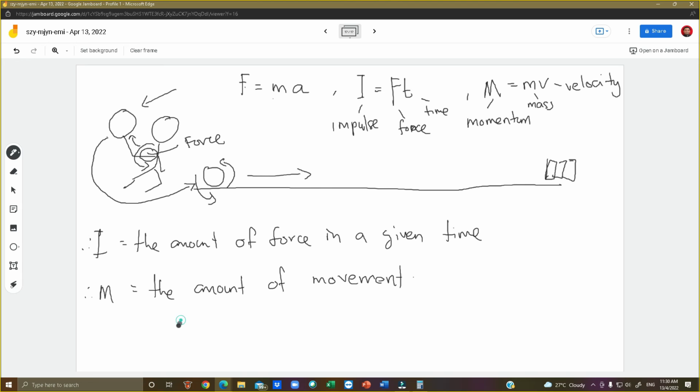So we can come up with impulse will always be similar to momentum. It will always be similar. Okay, ni konsep dia. And this concept comes from another concept known as the impulse momentum theorem. Ini adalah benda ni. Impulse momentum theorem is this one.